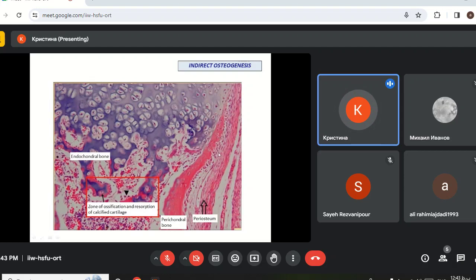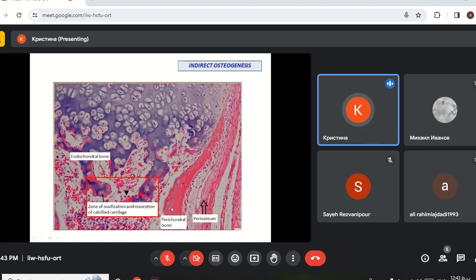And in this area we have the periosteum, because just beneath it we have the bone tissue of the perichondral bone, also called the bone collar, which is covering the diaphyseal region of the bone.